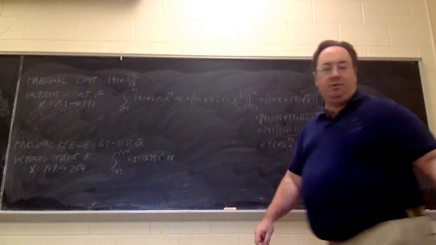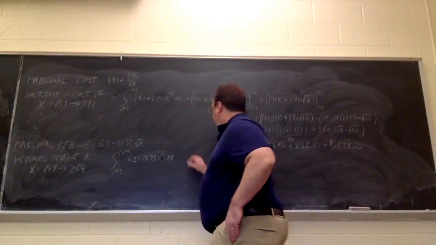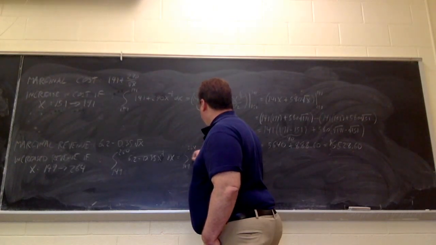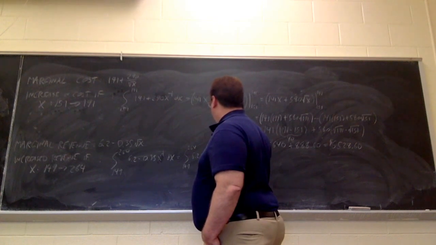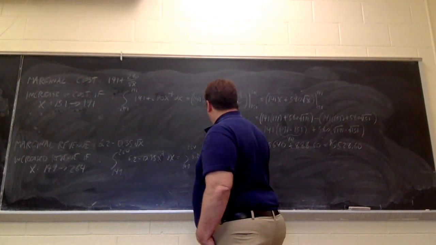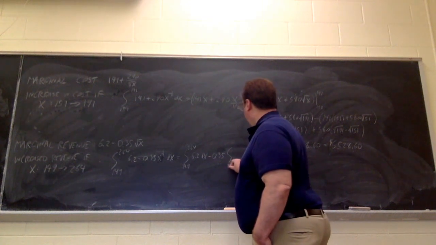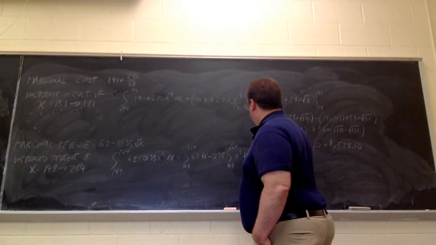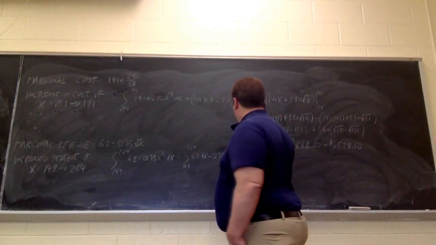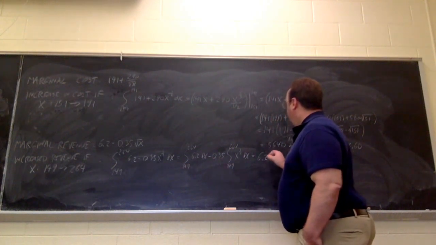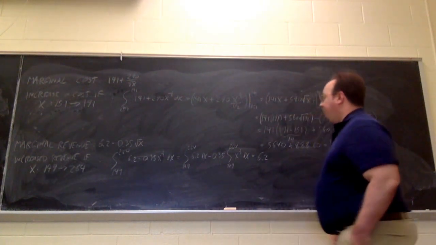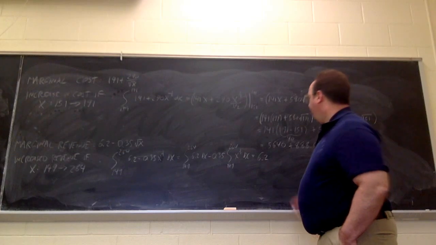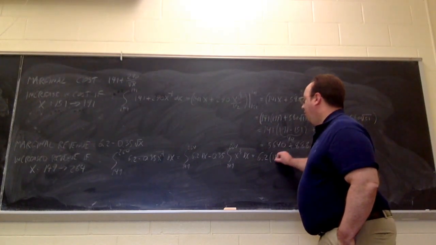Now I'm going to use a shortcut that I alluded to last time. I break this up into two definite integrals: the integral from 149 to 264 of 6.2, and then I'll pull out the constant, minus 0.35 times the integral from 149 to 264 of x to the 1/2. The first is equal to that constant, 6.2, times the difference in the limits, which is 264 minus 149, equal to 115.